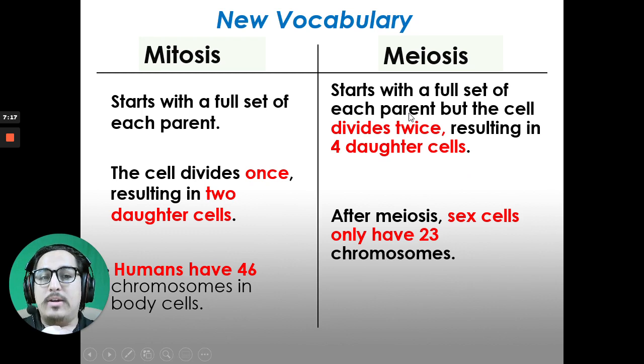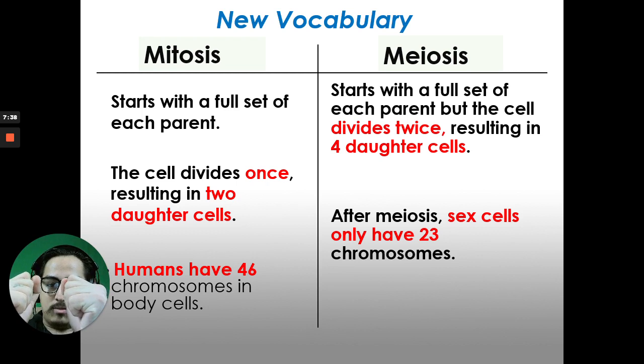Now, in meiosis, you start with the full set from each parent, but the cell divides twice, resulting in 4 cells. I know it's going to be confusing. After meiosis, the sex cells only have 23. So in meiosis, and I'm going to show you some pictures in a second, you start with 1 cell, and it's going to divide.